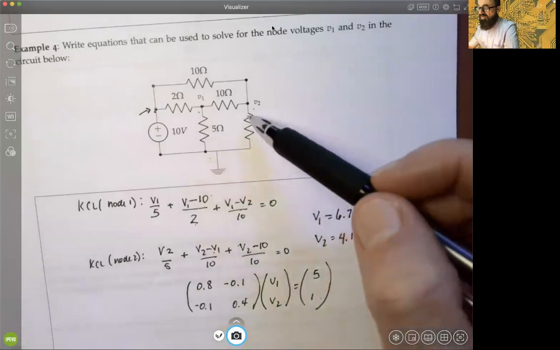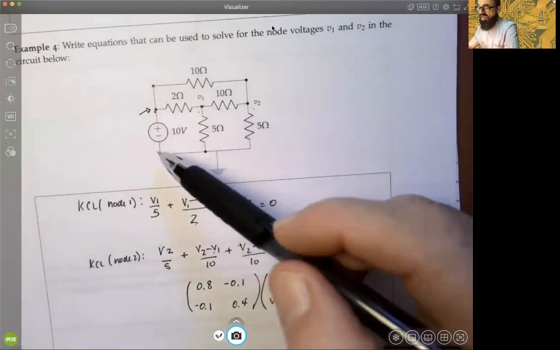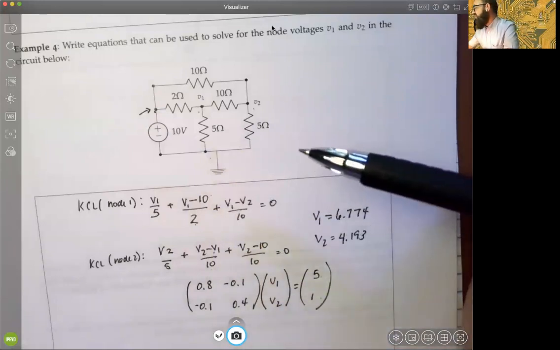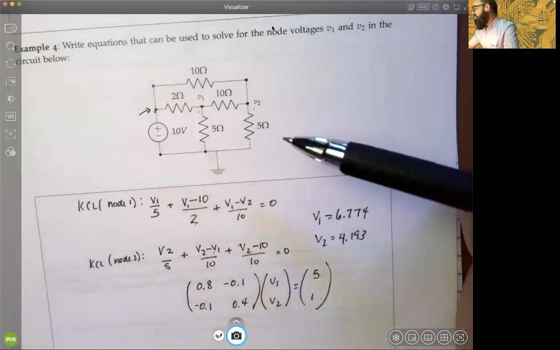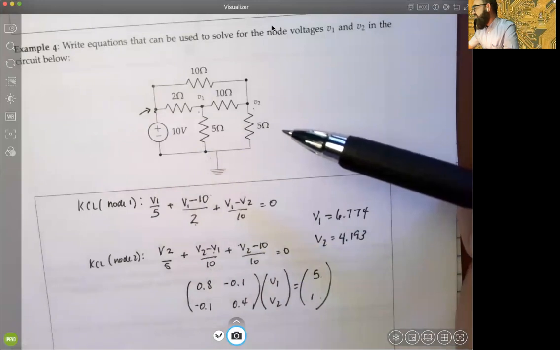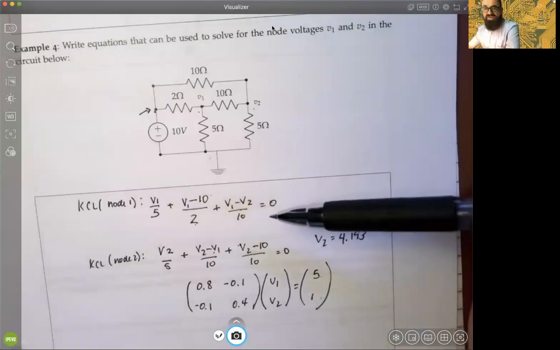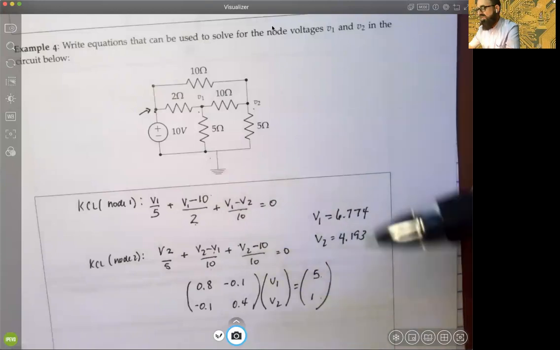There was only one voltage source here, and it was very easy to include in all of the KCL equations. It's possible we could have situations with multiple ones, and again, we can try to simplify the unknowns that we need to solve for using a technique called supernodes, which we will cover in the next lecture.